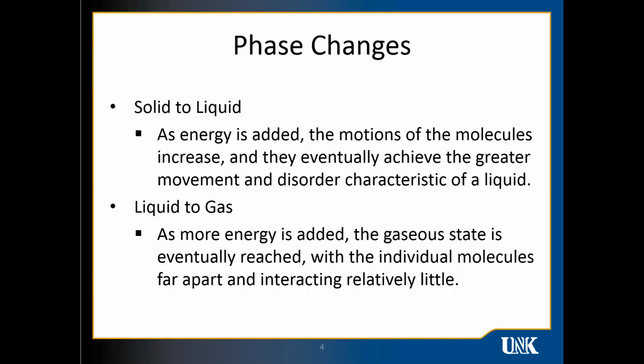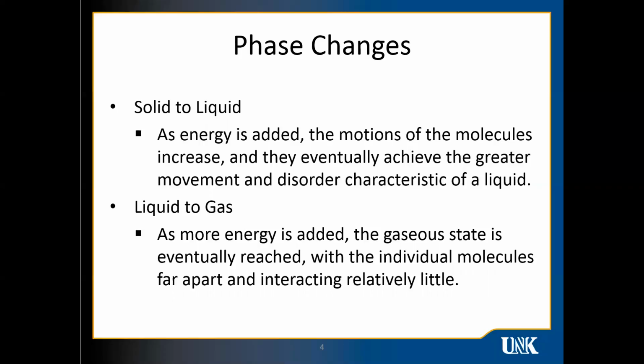So, at a molecular level, what's happening? Again, if we start with a solid, as energy is added, the motions of the molecules or atoms increase. Basically, in solids, atoms do move, but they are very small vibrations. The atoms are locked into positions if we have a crystalline solid, but they'll still vibrate.